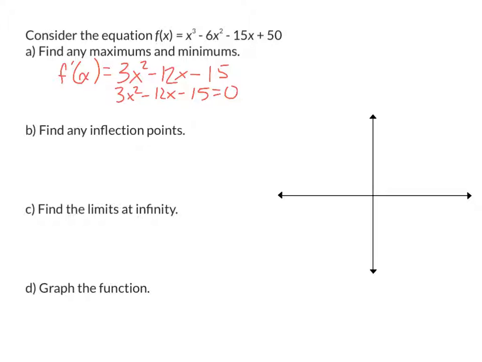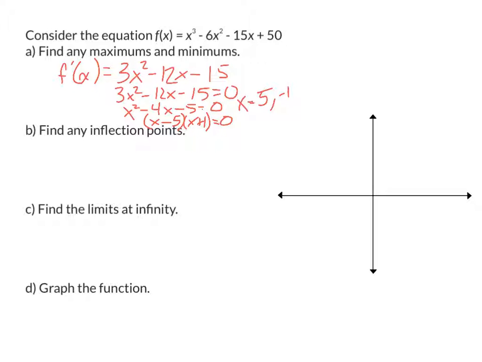I'm going to solve this for x, and it's a quadratic. I'll start by dividing everything by 3 and factoring. So this factors into x minus 5 times x plus 1. And so our critical points will occur at 5 and negative 1.